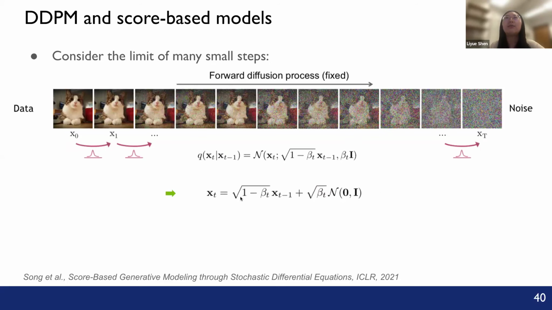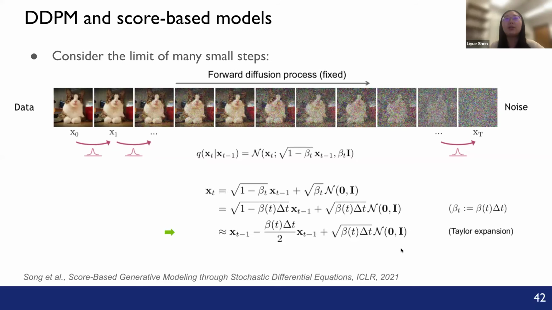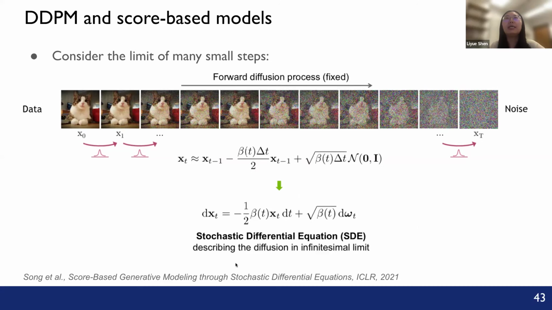If you write this through the reparameterization trick, by sampling from the Gaussian distribution as another variable and adding the mean and also the variance, then do some discretization to use another assumed continuous function over the small time steps to represent beta t, the scheduler of the noise, and through the Taylor expansion for the estimation, move the x_{t-1} to the other side, we can actually get a function that is very relevant and similar to what we just mentioned in the score-based diffusion models for the SDE.